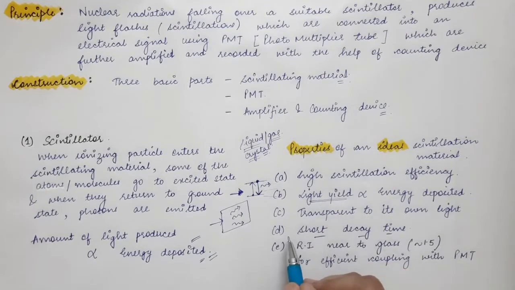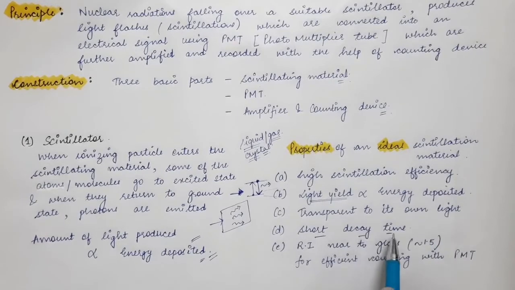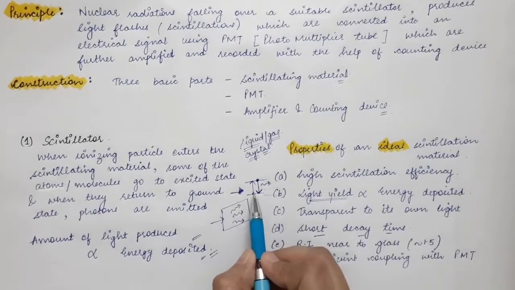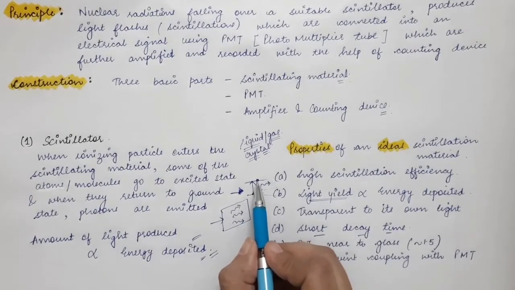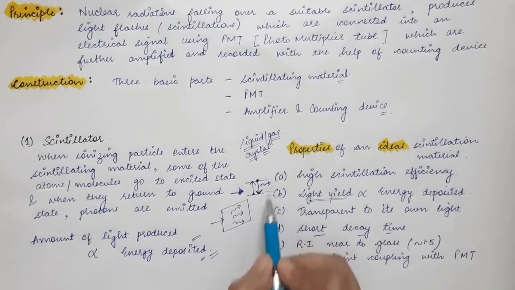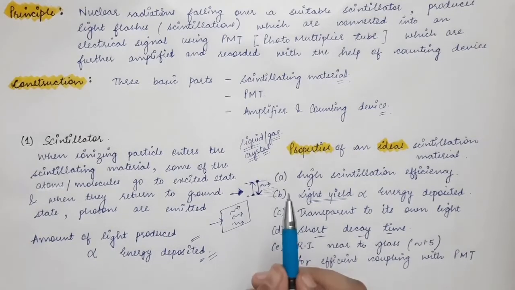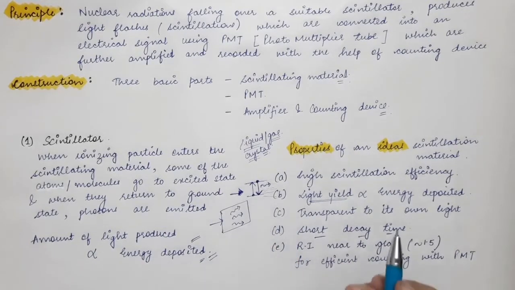So the fourth property is that the scintillation material must have a short decay time, meaning as soon as the atoms go to the excited state, they must immediately go to the ground state and emit light flashes. In this way we can count high counting rates.